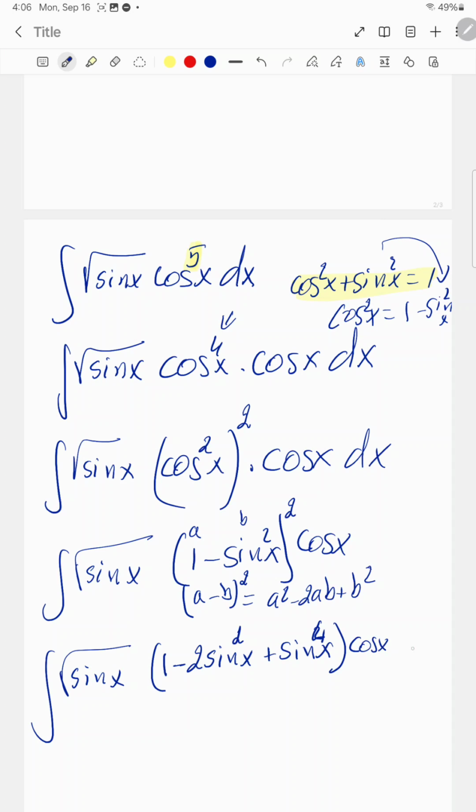And I still have cosine x, and I have dx here.